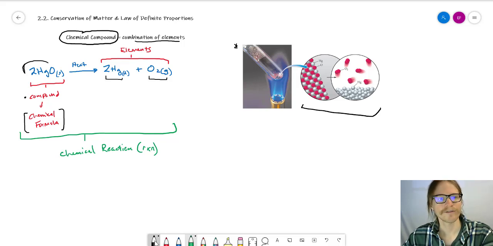When we have a chemical reaction like this, all chemical reactions are going to obey this idea called the law of conservation of matter.